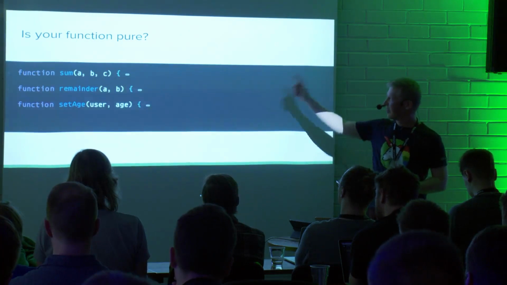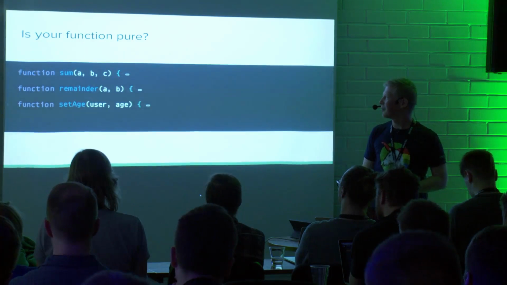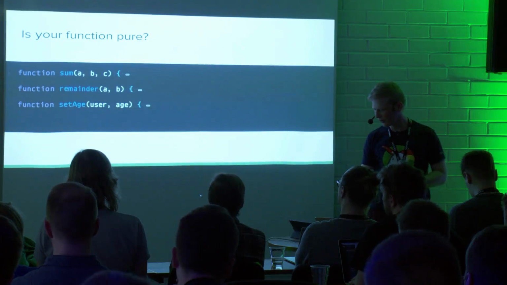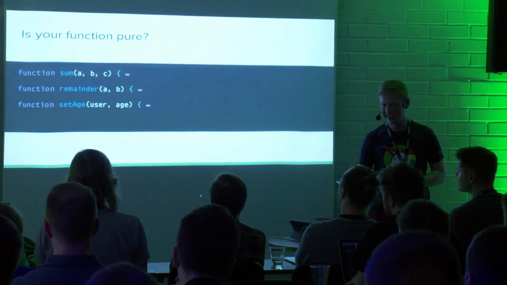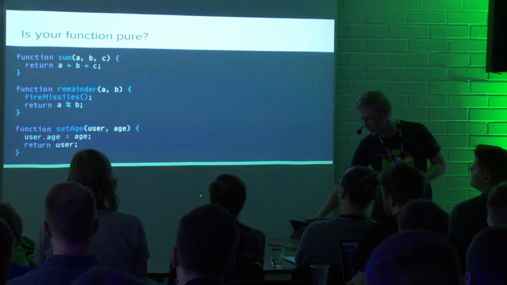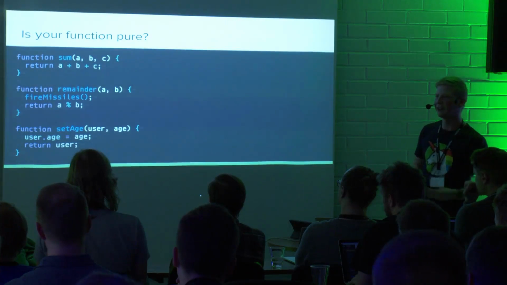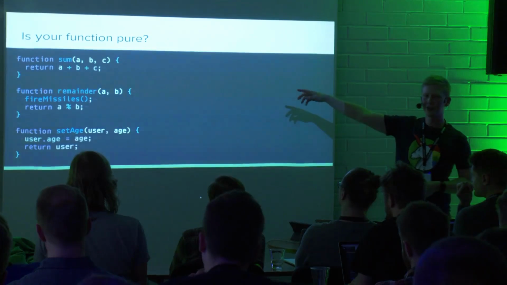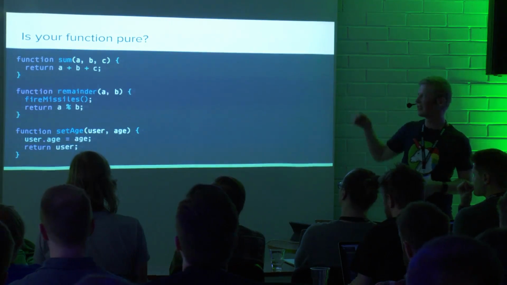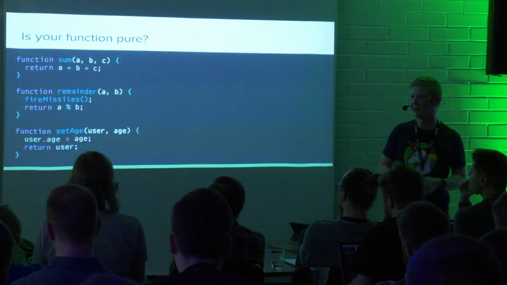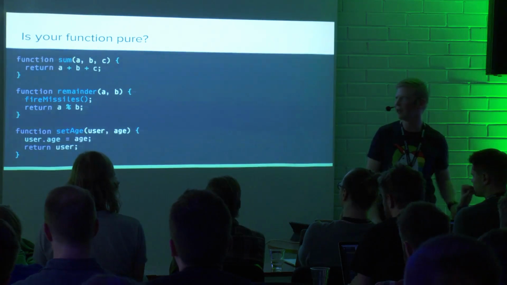So here are some functions in JavaScript. How do you know if those are pure? This is a trick question. You don't, other than look at how it's actually defined. The first one was actually a pure function. It got some parameters and it returned something that was directly derived from those.